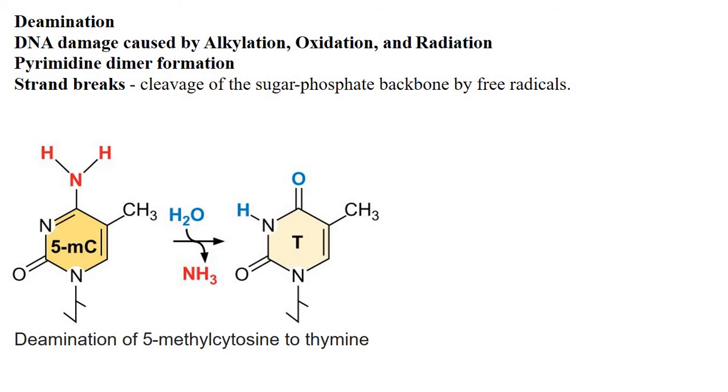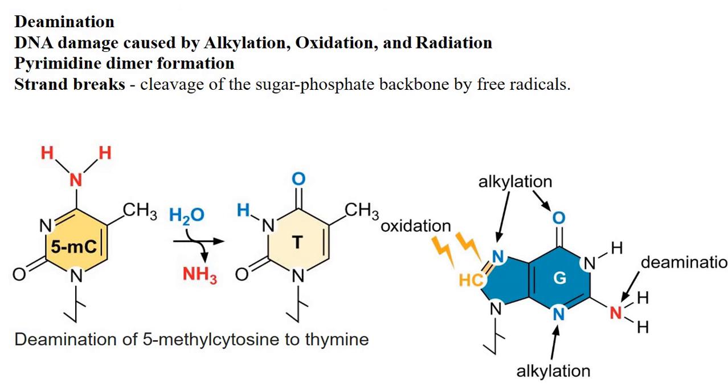Pyrimidine dimer formation, for example, thymine dimer formation, is the most common sort of pyrimidine dimer formation that happens due to UV radiations most of the time. That is again a very hard to repair damage to DNA. Strand breaks are the cleavage of the sugar phosphate backbone by free radicals.